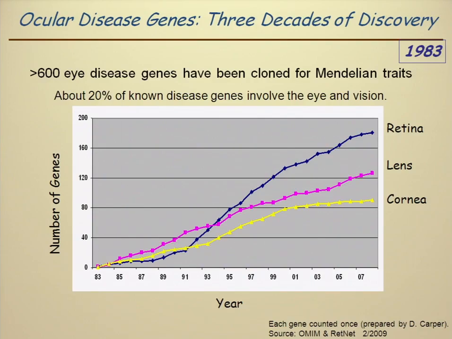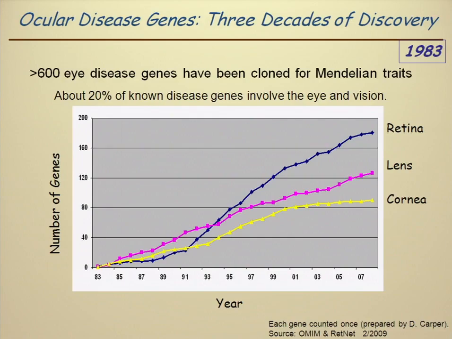Nearly 200 affect the retina, and 150 to 200 are affecting the lens and the cornea at the front of the eye. The eye turns out to be, unfortunately, very rich in monogenic traits, in which a single gene causes a vision problem.